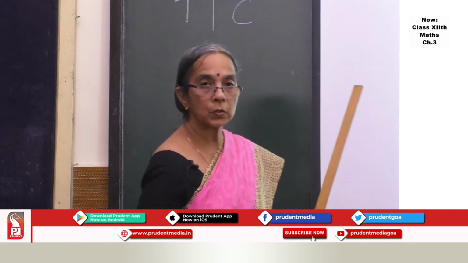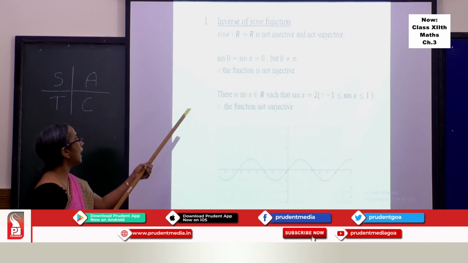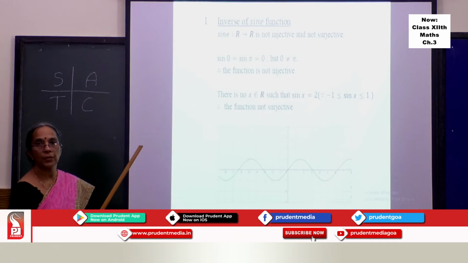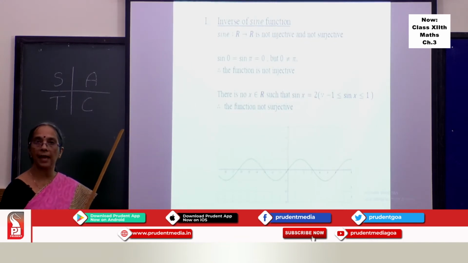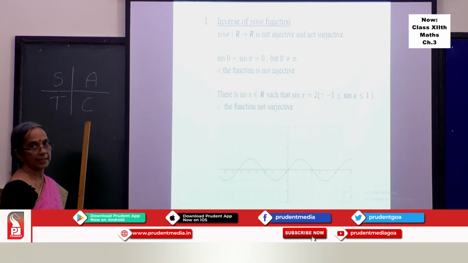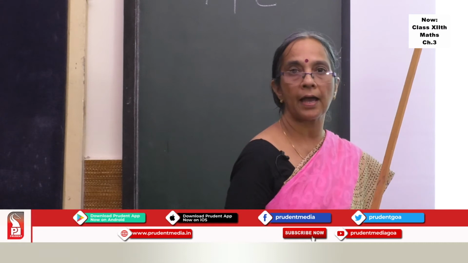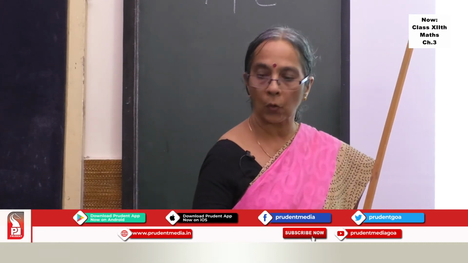Now, to define inverse of sine function, we have to take proper subsets of the set of real numbers as domain and codomain, so that the function is injective and surjective, 1-1 and onto.